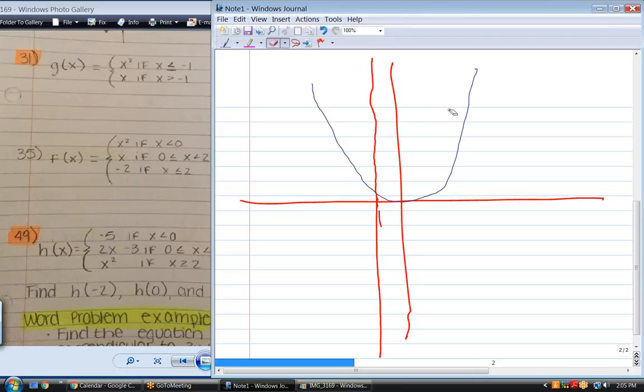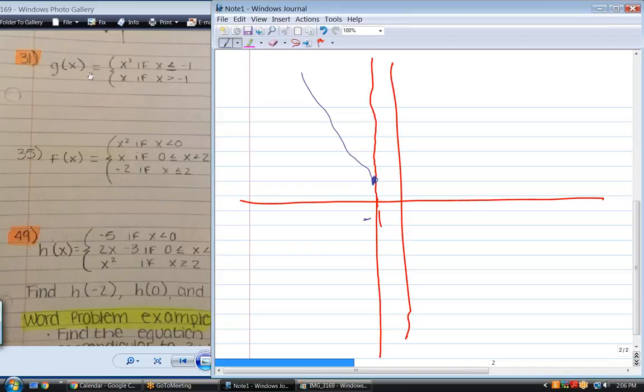In other words, it's only this graph to the left of negative 1. Which means the graph, I'm going to erase it like that, and what I have is this part of it left with a closed dot right there because it's less than or equal. Now, that's one way to graph this thing.